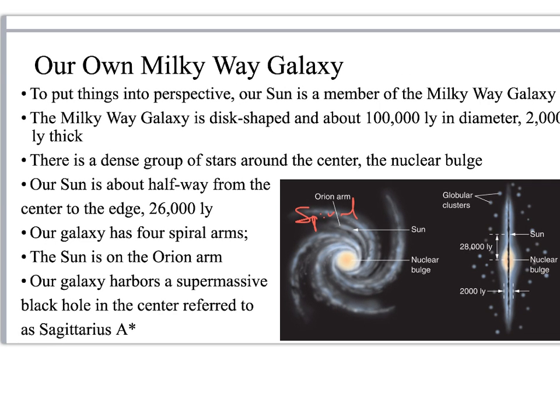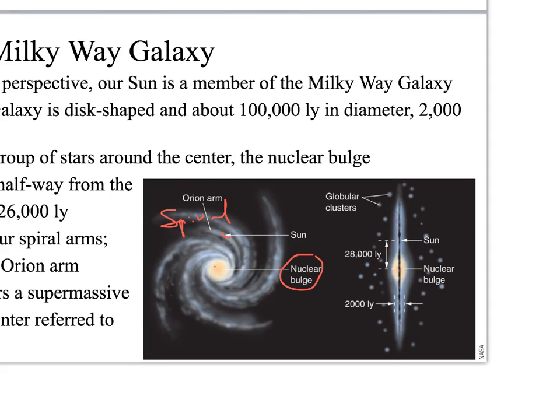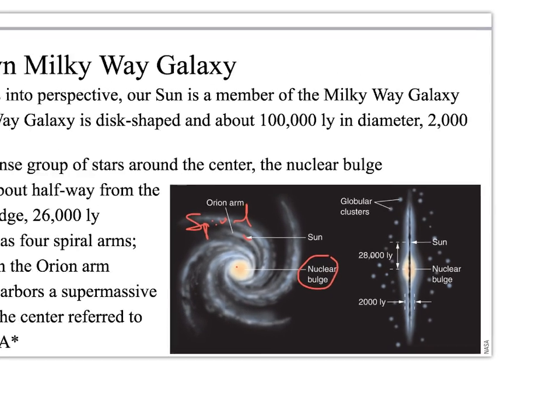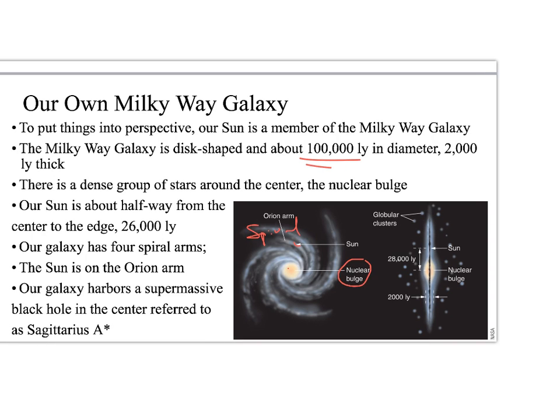It's got 4 major arms, and a nuclear bulge in the center. Our sun is about halfway between the nuclear bulge and the edge. It's about 100,000 light years from side to side, just like the Monty Python song says. Its average thickness is about 20,000 light years.